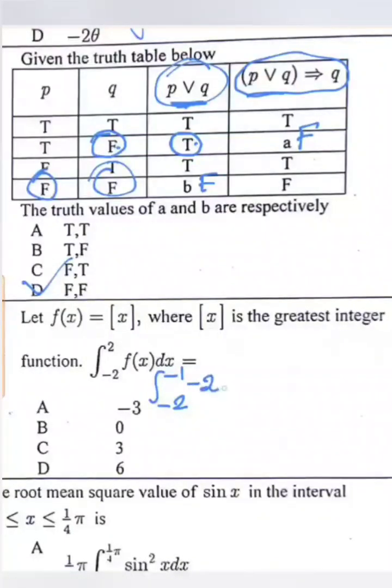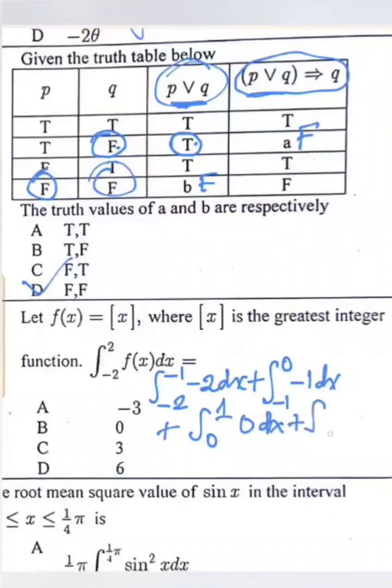So I'll be integrating -2 dx in that interval, plus integral from -1 to the next consecutive integer, which is 0, and the function again will fall down to -1 dx in that interval, plus integral from 0 to 1, and the function will fall down to the lower limit, which is 0 in that interval, plus finally integral from 1 to 2 of the function, which will fall down to the lower limit in that interval, which is 1 dx.